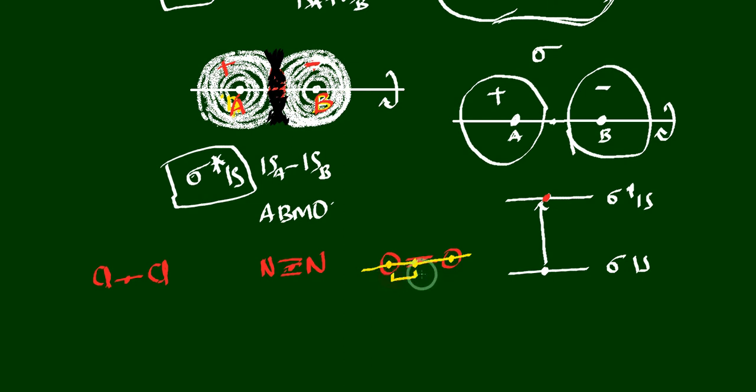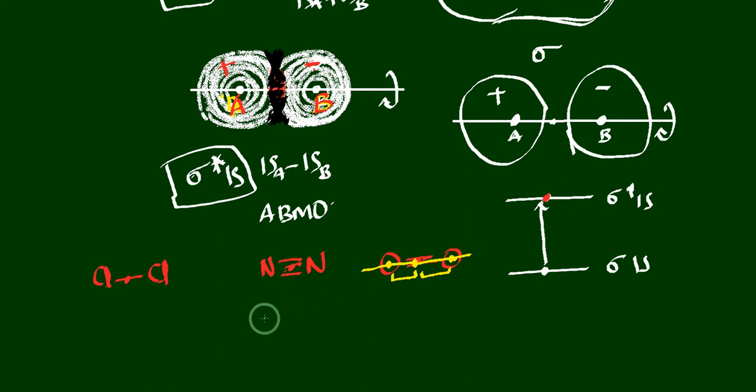If you bring this oxygen to here and that oxygen to here, and that does not change the appearance of the molecule, then you can say that it has an inversion center.